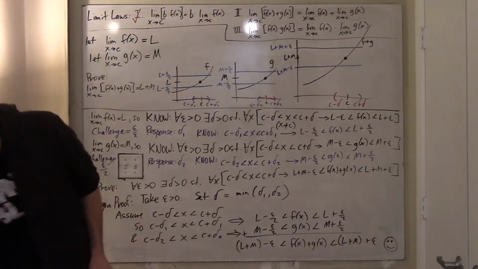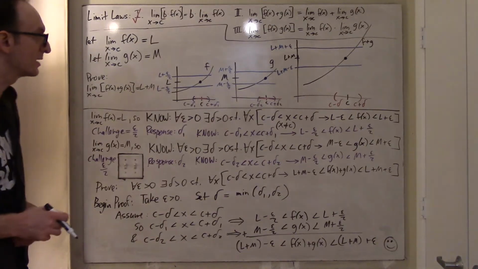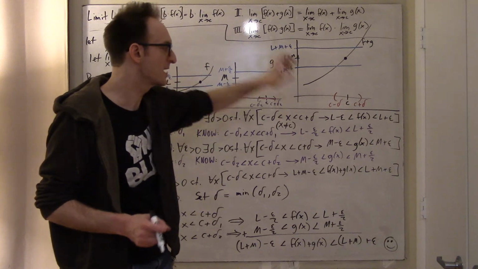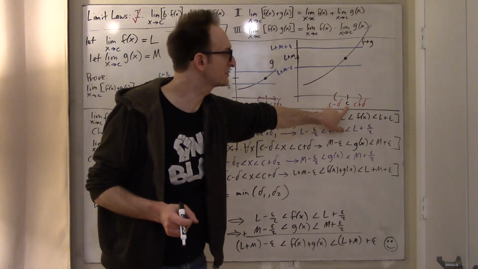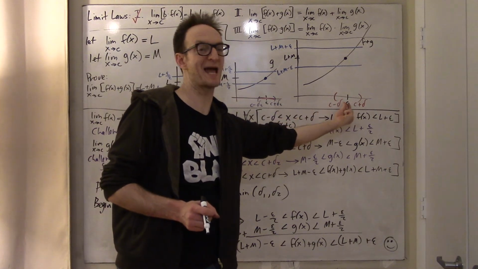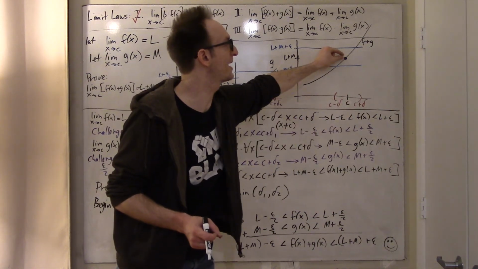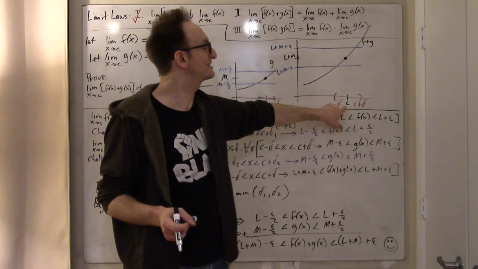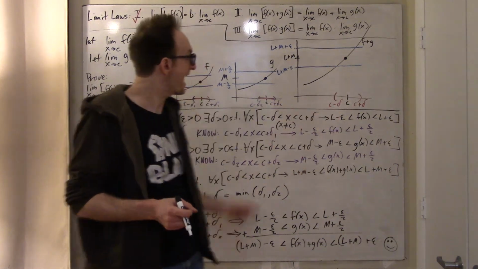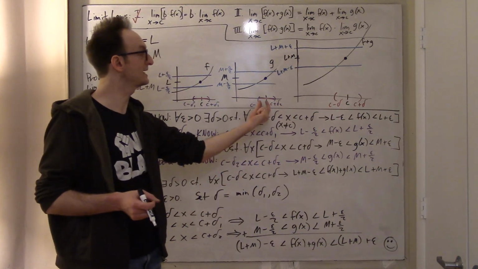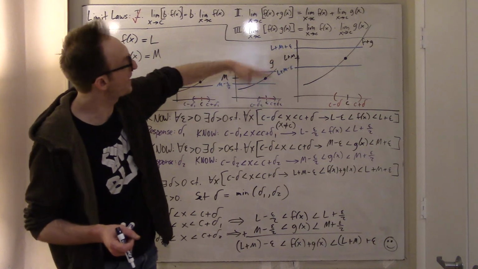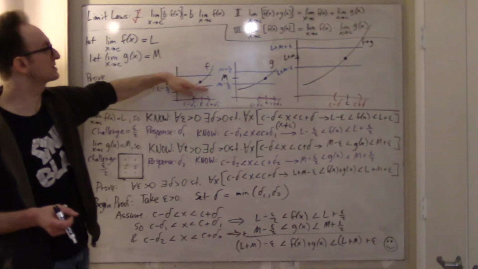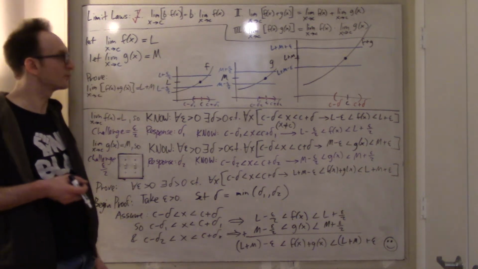It feels kind of like magic, but what really happened here was I received a challenge in my F plus G function, and I asked myself, how do I respond? How close do I need to get to C in order to be off by at most epsilon? Answer: how close I need to get to C is just how close I need to get to C in G so that it's off by epsilon over 2, and how close I need to get to C such that F is off by at most epsilon over 2.